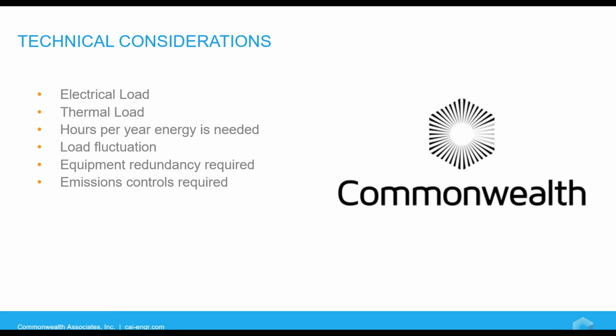After that, we'll talk about equipment redundancy. What are your requirements for equipment redundancy? That needs to be evaluated. Is a full-size backup required? Does the application require a total power output? That might make sense to have multiple pieces of CHP equipment, for instance, the RICE engines I mentioned before.